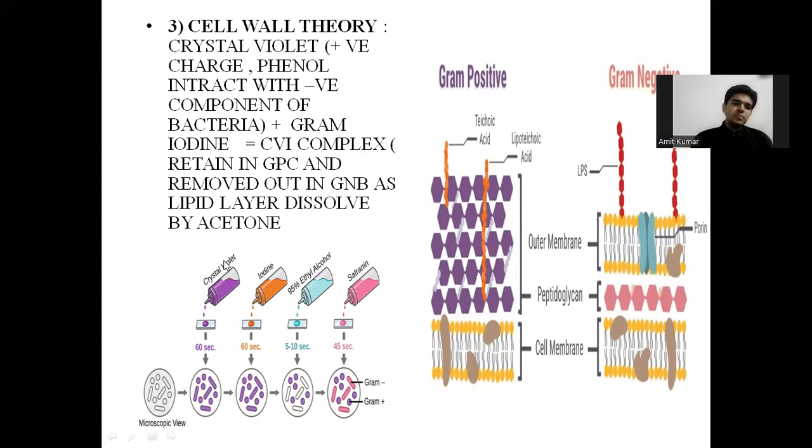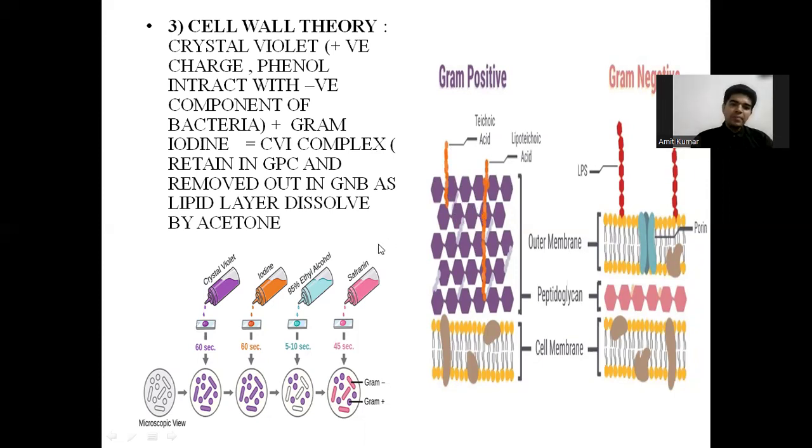So once we put crystal violet on this smear, as we all know, this crystal violet consists of phenolic compounds. Then the crystal violet enters both bacteria, gram positive and gram negative bacteria. Once the crystal violet enters the bacteria, crystal violet is, sorry, positively charged. It combines with the negative constituents of bacteria.